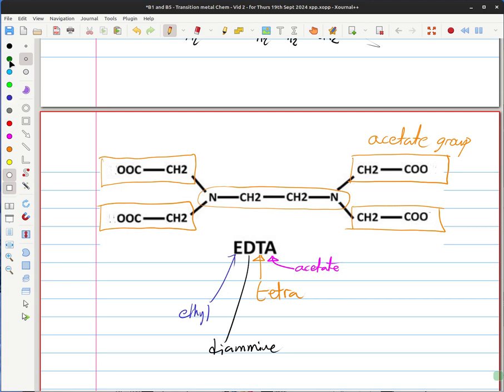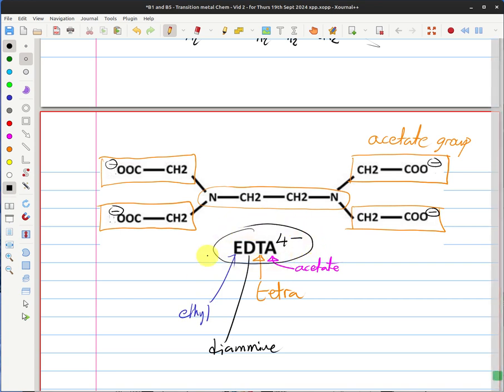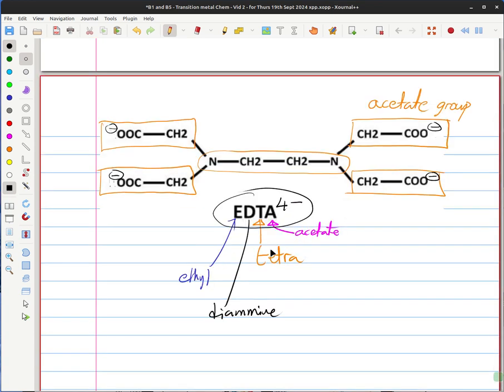This is important, because this O- is one of the places where it makes a bond to a metal. So each acetate group contains an O- now. That's why it's got a 4- charge on the ligand form of EDTA, not the parent acid, which has no charge. So this is the ligand form. It's charged.